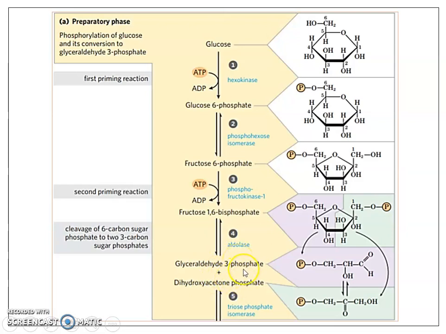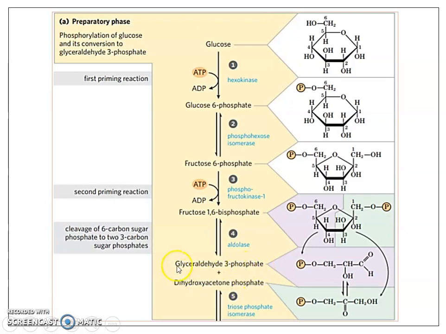Only one of the two triose phosphates formed by the aldolase enzyme can be directly degraded in the subsequent steps of glycolysis. That is, only one of the triose phosphates will enter the payoff phase. So before that, these two get interconverted.